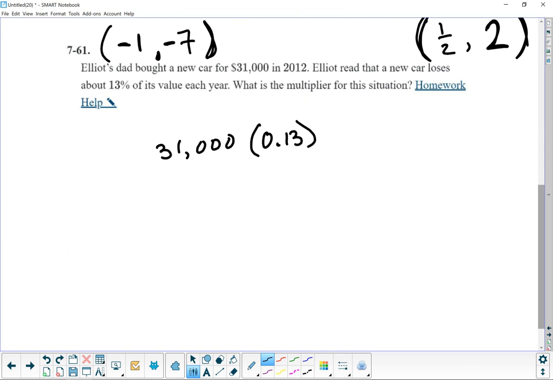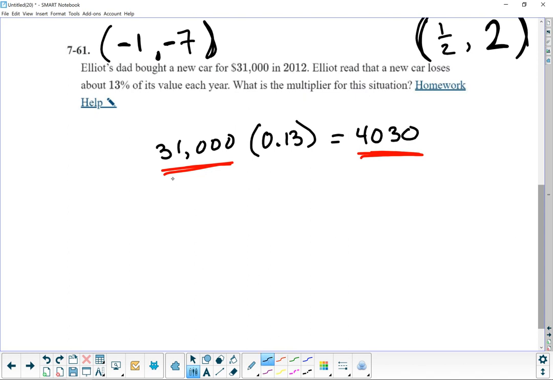So 31,000 multiplied by 0.13 gets you $4,030. It doesn't mean that a brand new car is worth 31,000 and after a year it's now worth 4,000. That's not what it means. It means that it loses $4,030 in 1 year.